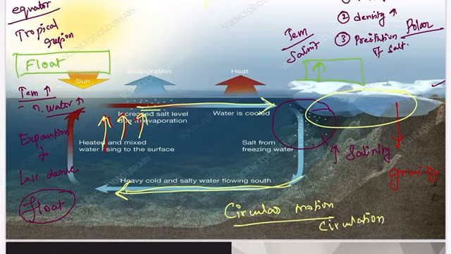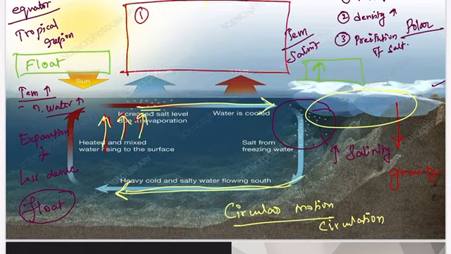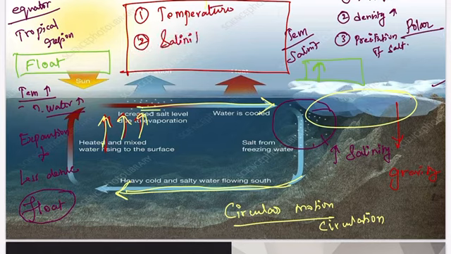So here I want to make you clear of two things. One is temperature, another one is salinity. These are the two parameters which are involved in the circulation of the ocean water.